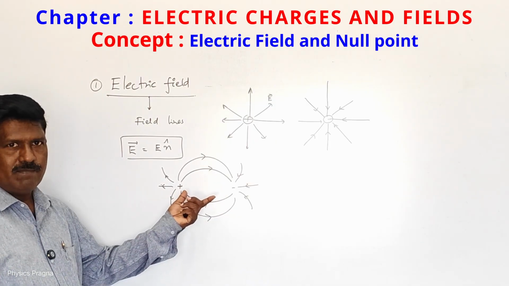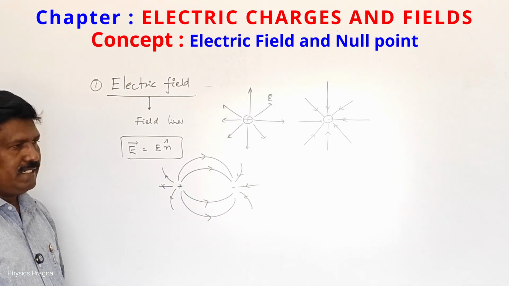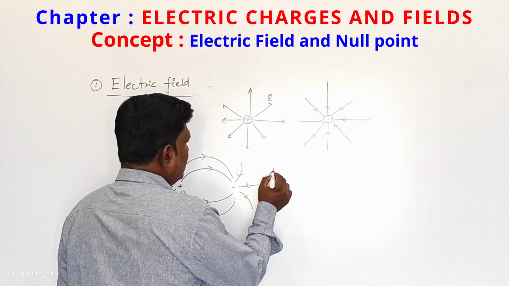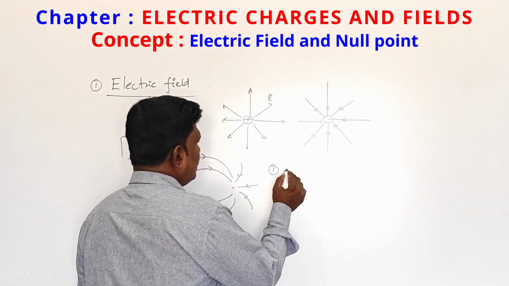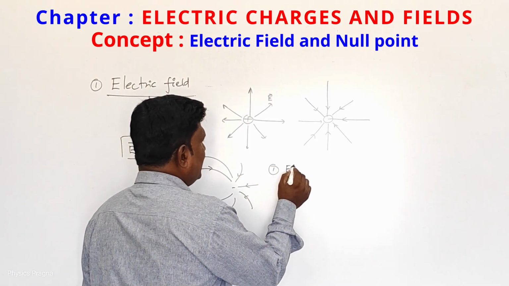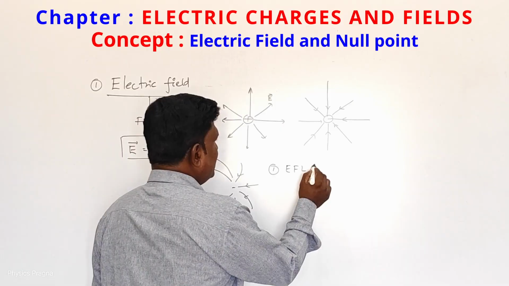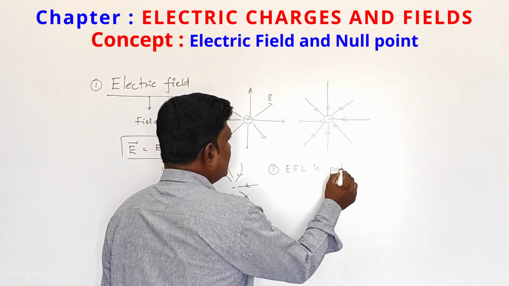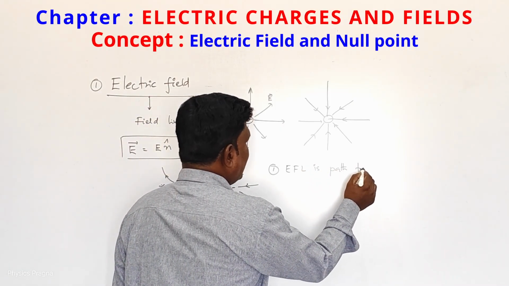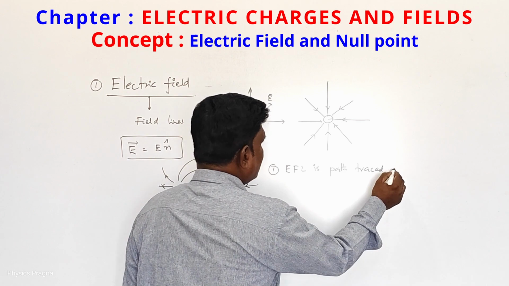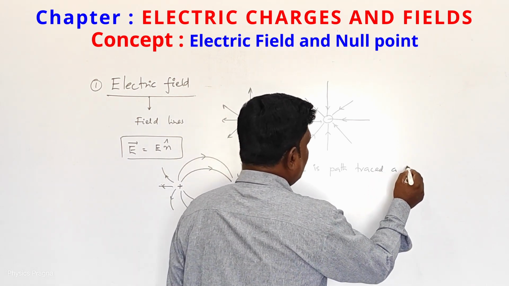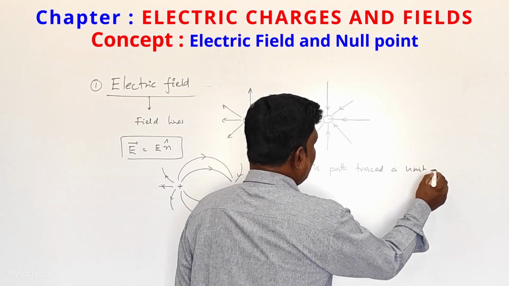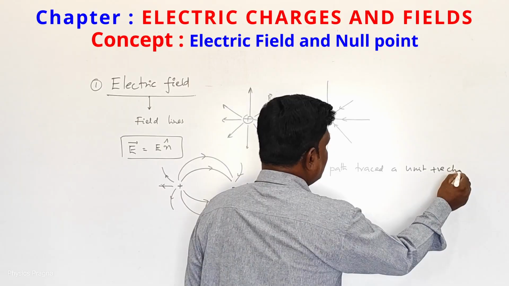Let us see some of the properties of electric field lines. An electric field line is the path traced by a unit positive charge.